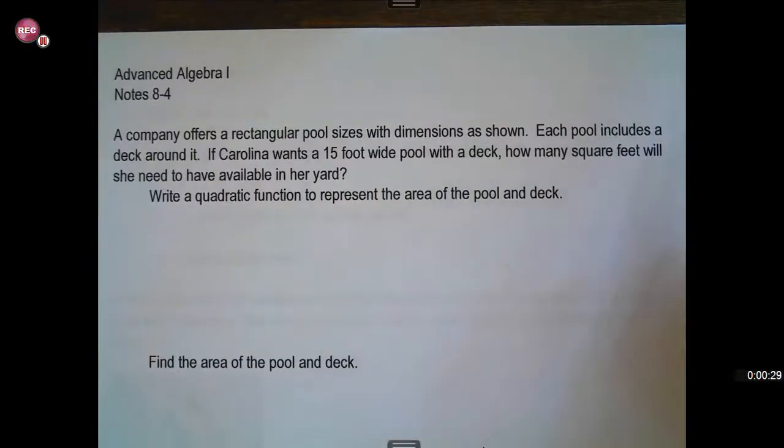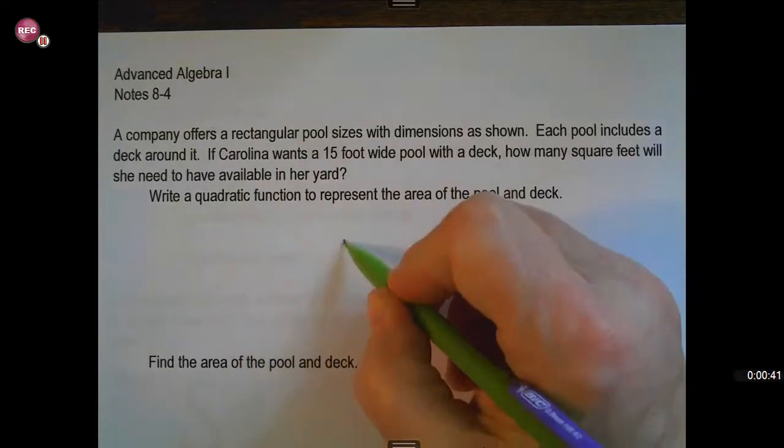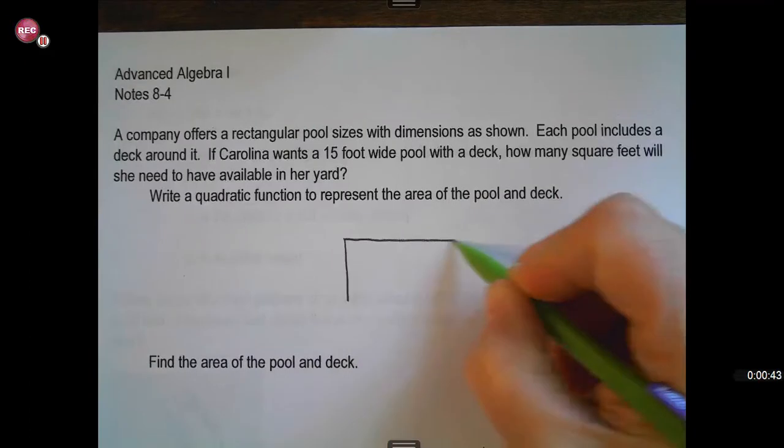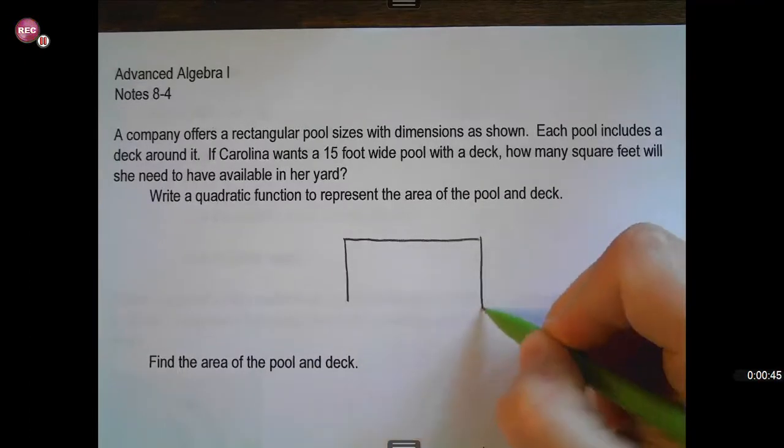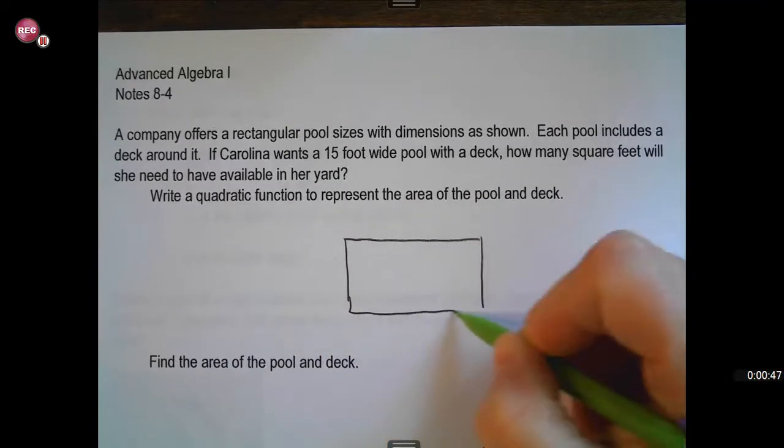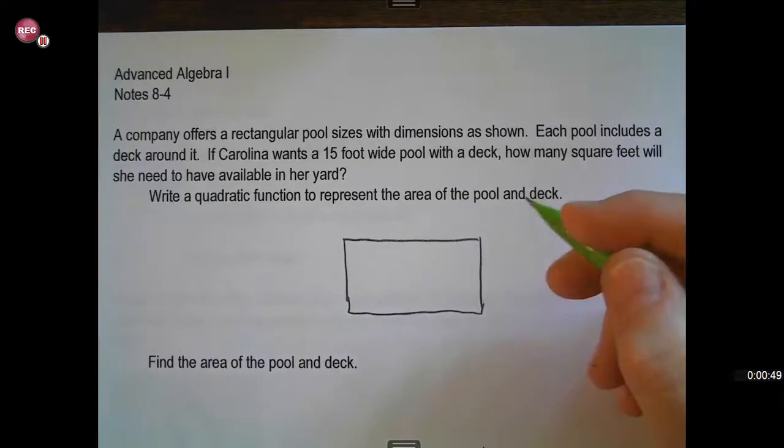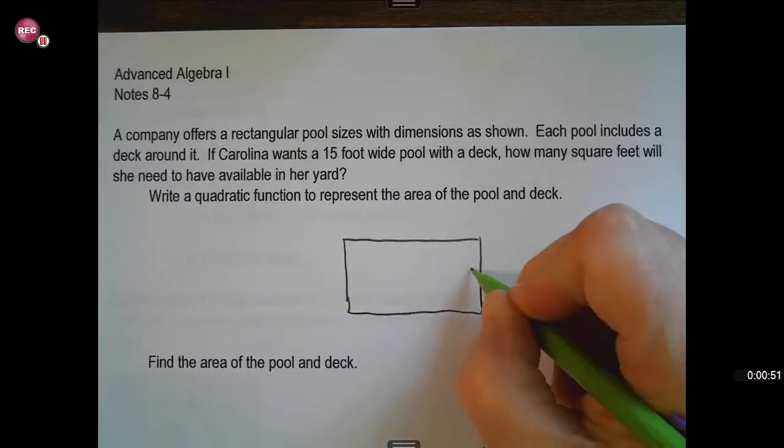Each pool includes a deck around it. If Carolina wants a 15-foot wide pool with a deck, how many square feet will she need to have available in her yard? What we're looking at is a pool, and in the picture we're given that the pool is twice as long as it is wide.